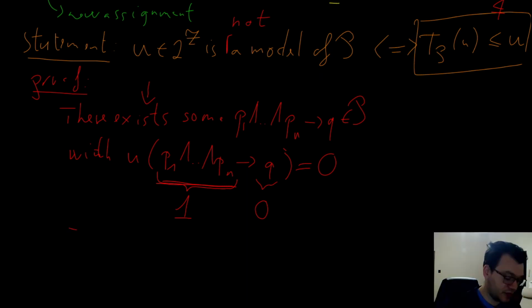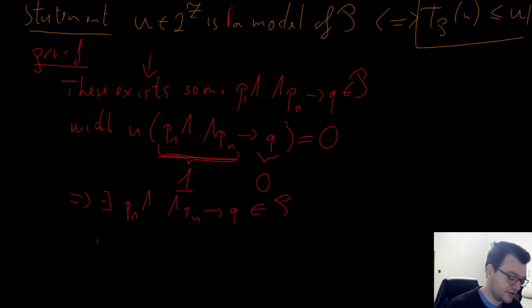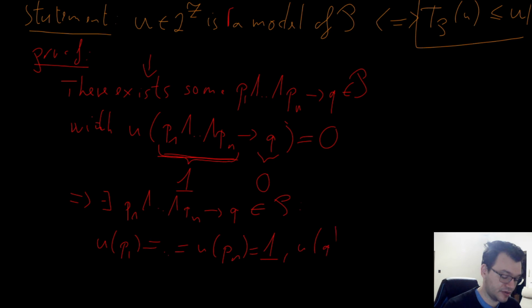So basically we have that there exists a clause P1 and so on and Pn to Q in P such that U of P1, and the same for these P's, U of Pn, this is 1, and the U of Q is 0.